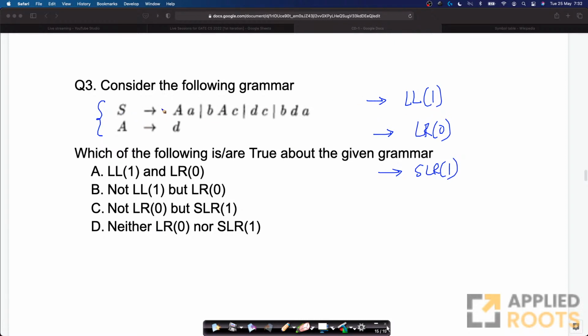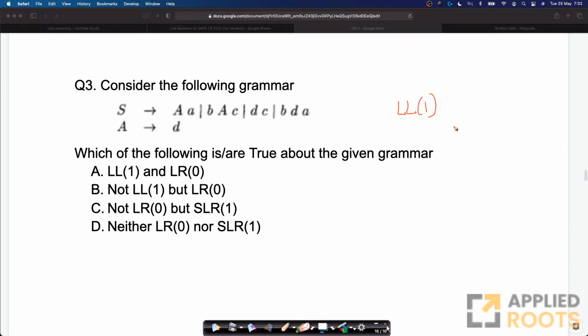Okay, so first and foremost, look at this. S generates something which is starting with lowercase b here, lowercase b here, right? First observation. If you think about LL1, even without drawing the parse table, you can tell the answer. So let's go step by step, right? Let's go with LL1 first.